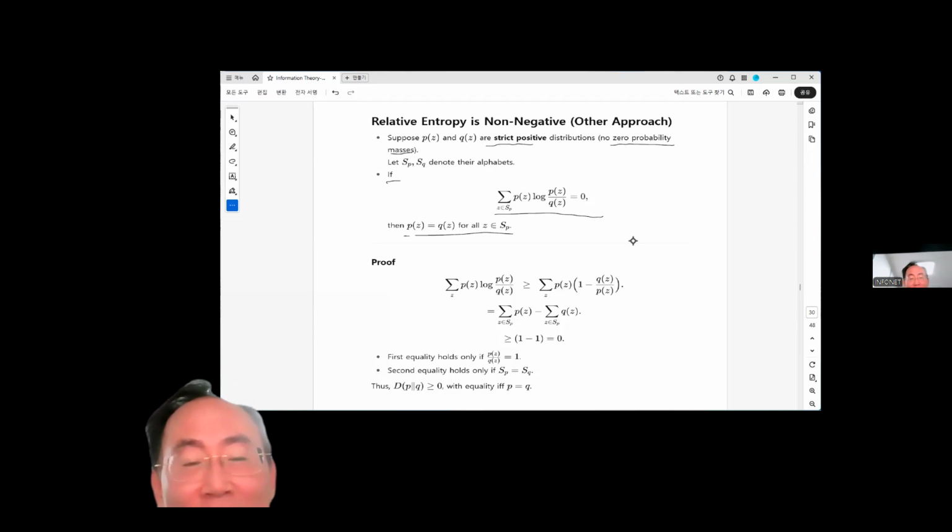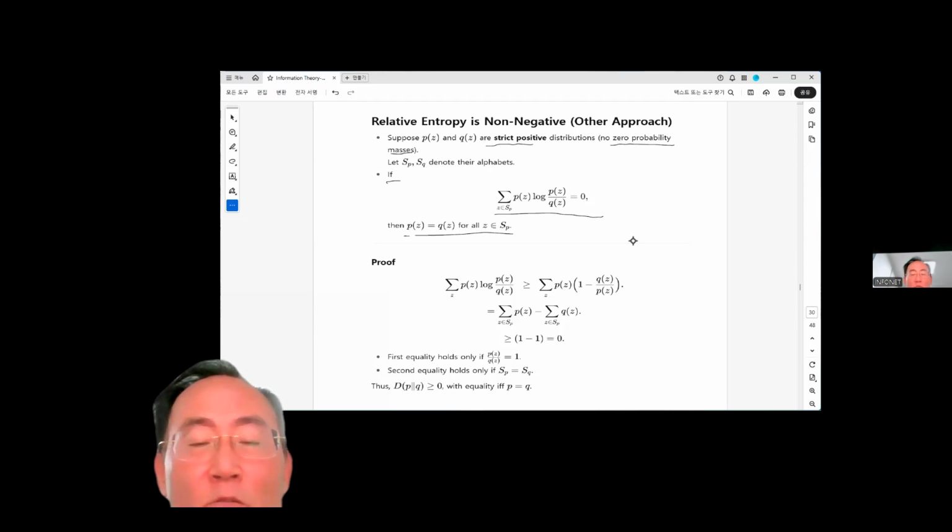Can we prove this? That was the difficult part, right? The easy part is when P(z) is equal to Q(z), then this ratio is 1. Then log of 1 is 0, and 0 multiplied with P(z) is equal to 0.